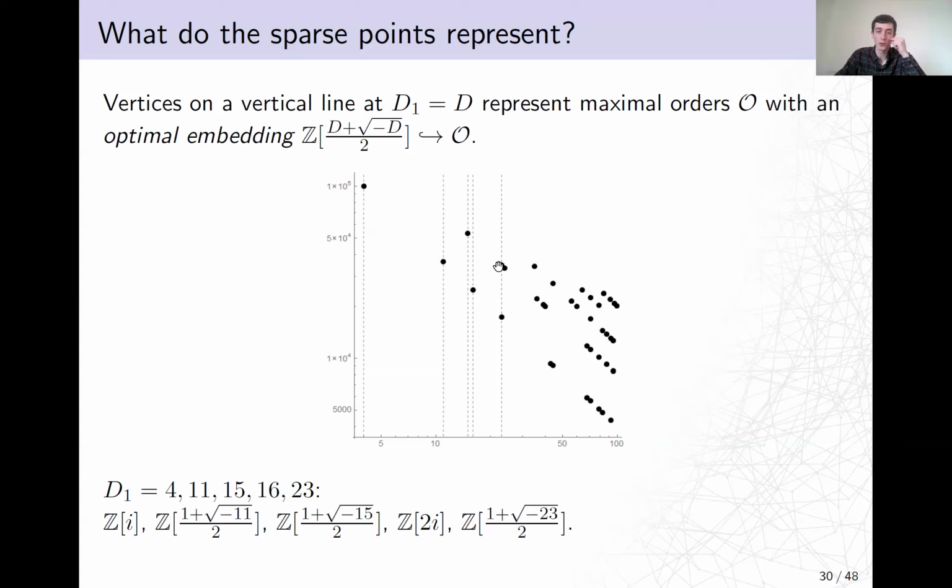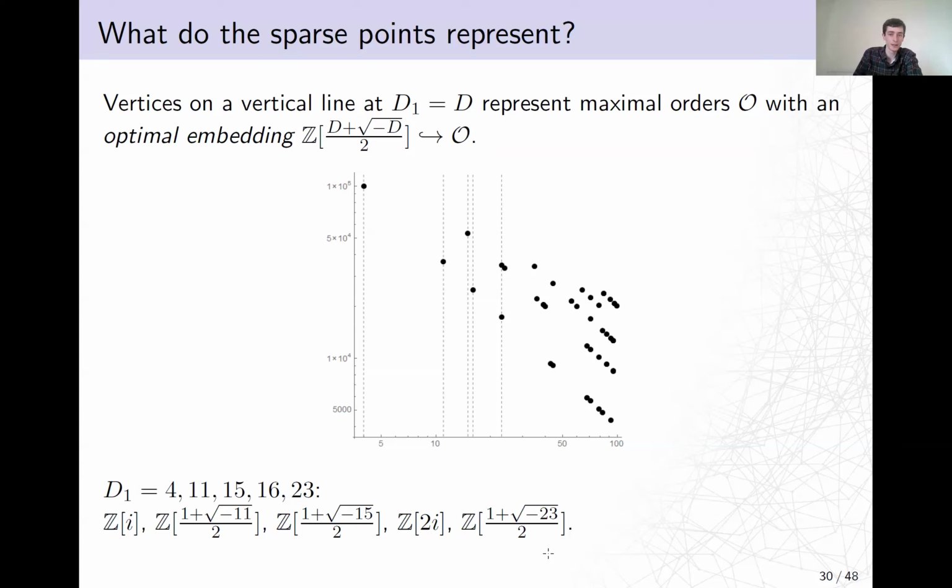I highlighted this line d1 equals 23 because here we actually see 2 points. These are 2 different maximal orders that both have a copy of Z adjoin (1 plus root minus 23) over 2 in them. So that's one way to think about what's going on with these points: for each vertical line, we have an embedding of some quadratic order of small discriminant.